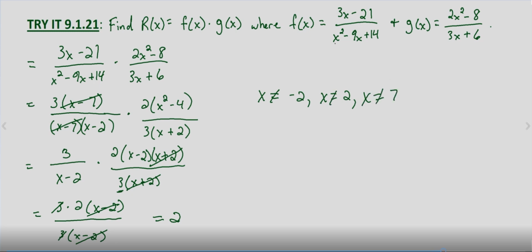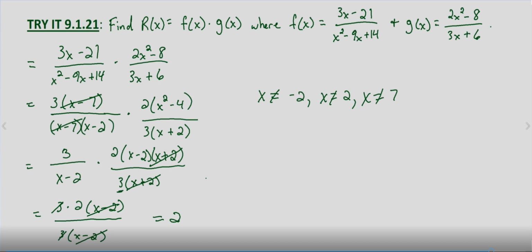And the reason for that is because if we plug negative 2 into g of x, we end up with 0 in its denominator. And if we add 2 or 7 to x squared minus 9x plus 14, we also end up with 0 in the denominator. So technically, even though the solution is 2, x can't equal negative 2, 2, or 7.